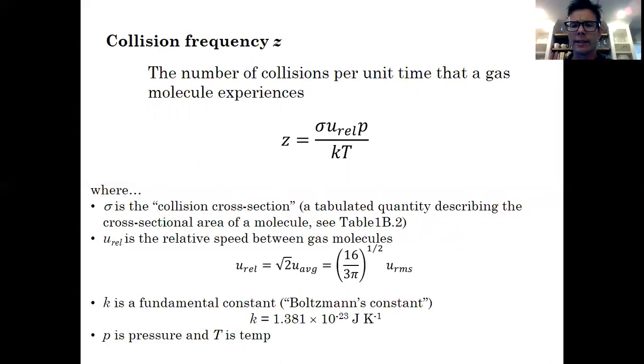You can find it in Atkins. U rel is the relative speed between gas molecules. And I've given you an equation for that here based on the RMS speed that we just calculated. And then last but not least is this quantity k. k is actually a fundamental constant called Boltzmann's constant. And it's given here, 1.381 times 10 to the negative 23 joule per Kelvin.